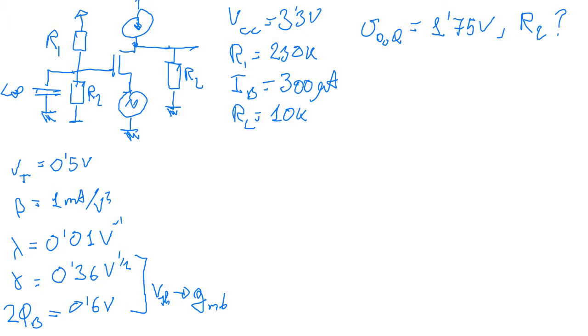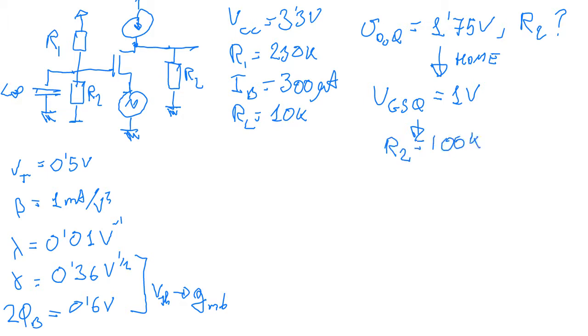But this is equivalent to having VGS equal to 1 volt. This is for home, if you wish to do some calculation. And then this implies that R2 is 100 k. Okay?